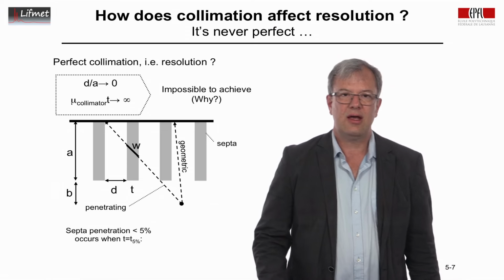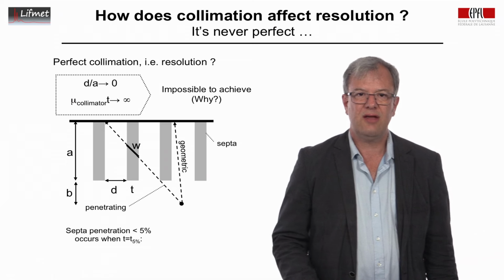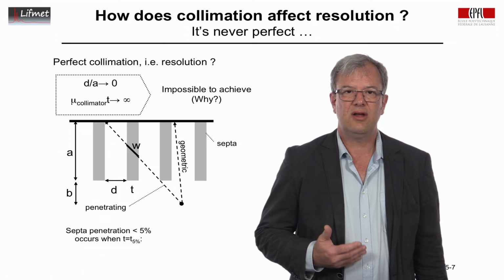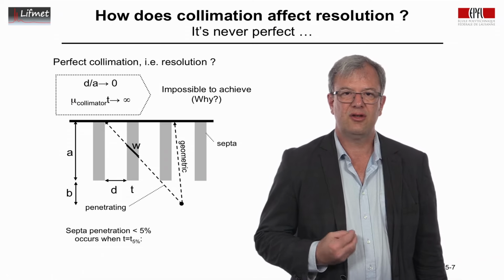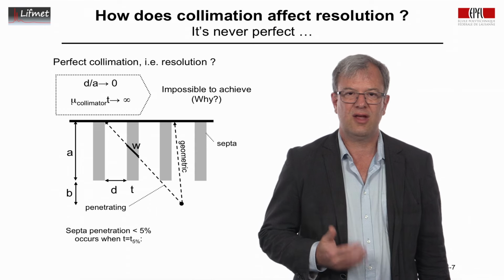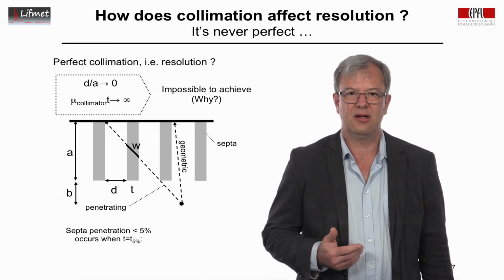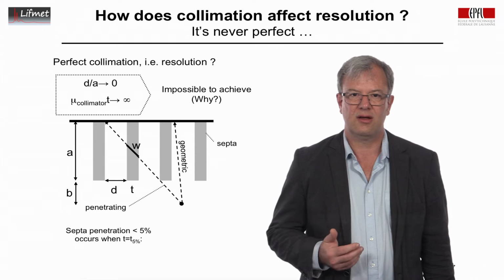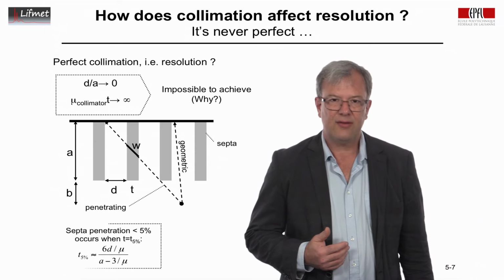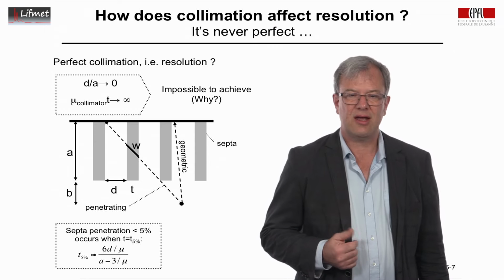Now I'll give you a formula. I won't derive it here, and we'll consider here a penetration of the septa that is less than 5%, and this is given if the thickness is equal to the thickness at 5%. This is an empirical formula I've taken from the literature.